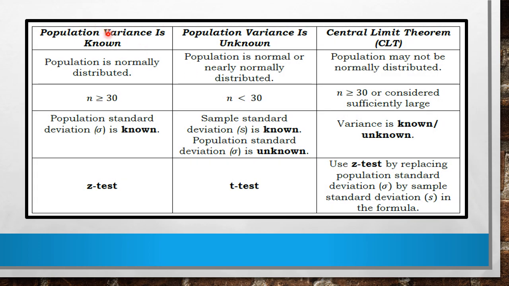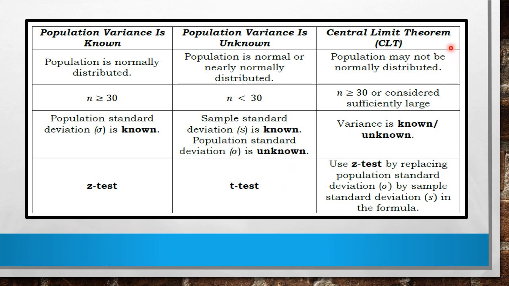So when population variance is known, let's have this table to better understand kung ano ang gagamitin, kung z-test ba or t-test. Population is normally distributed. Number of sample is greater than or equal to 30. Population standard deviation is known. Ang gagamitin po natin, z-test. While when the population variance is unknown, population is normal or nearly normally distributed, and n is less than 30, sample standard deviation is known, population standard deviation is unknown, then use t-test.